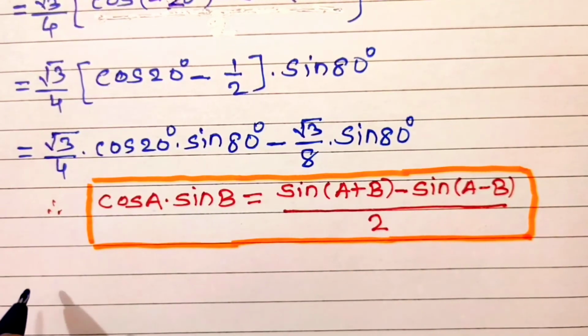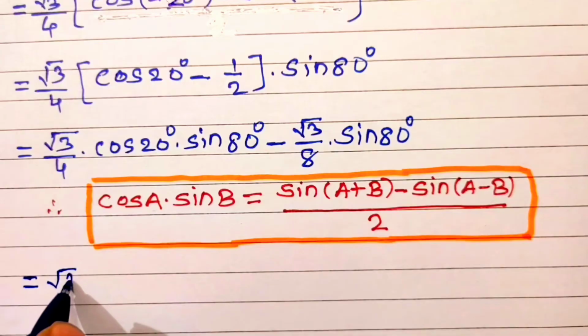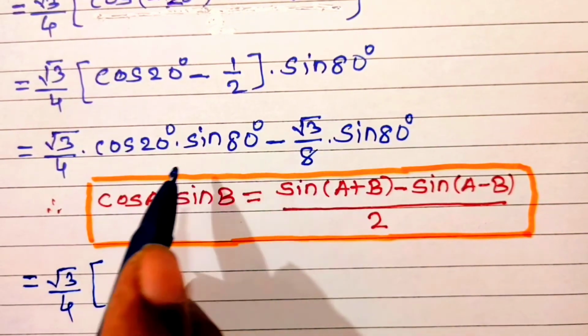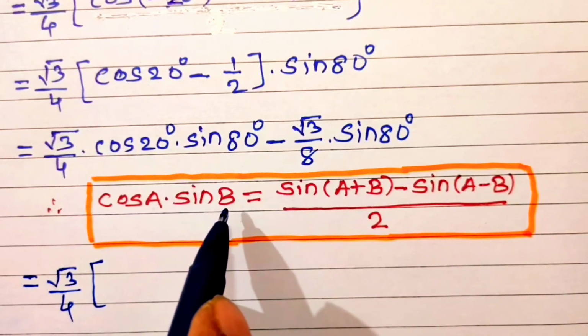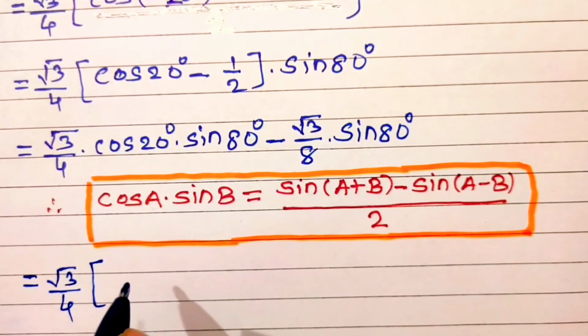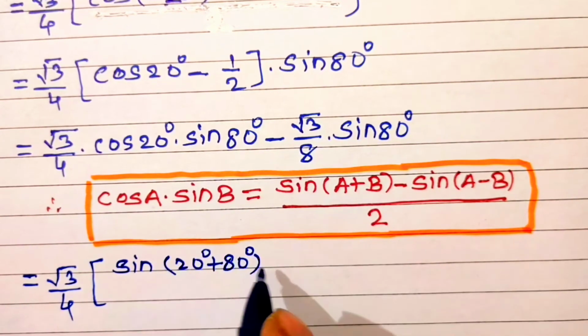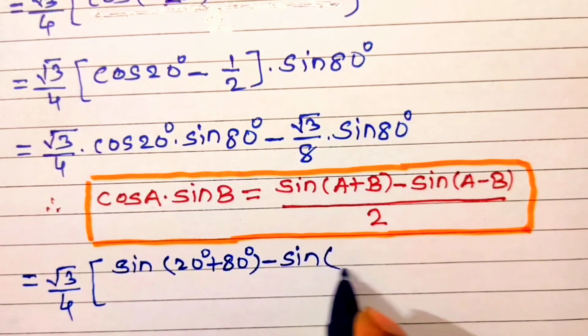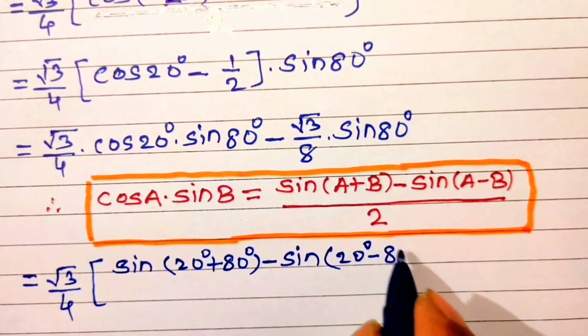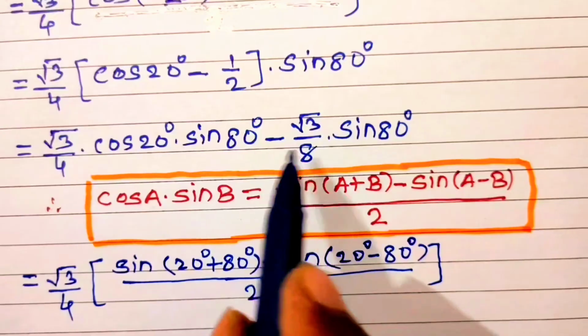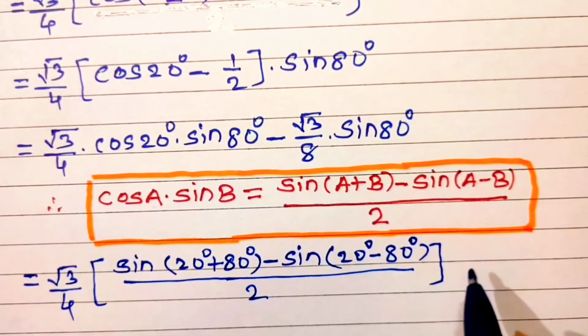So this can be written as root 3 upon 4 into bracket for cos 20 into sine 80 degree, assuming A is equal to 20 and B is equal to 80 degree. So this is sine of 20 degree plus 80 degree minus sine of 20 degree minus 80 degree divided by 2, bracket close, minus root 3 upon 8 into sine 80 degree.